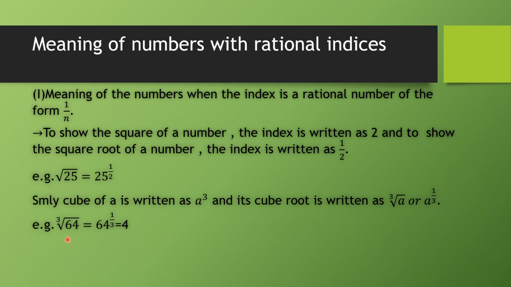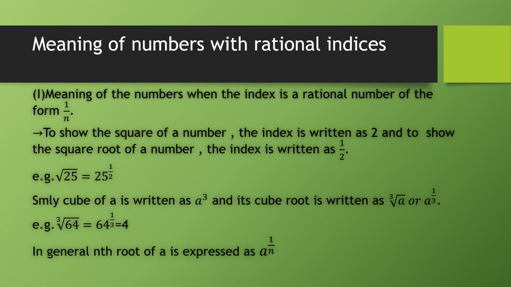Here again example, cube root of 64 is equal to 64 raised to 1 upon 3, which is equal to 4. Then in general, the nth root of a is expressed as a raised to 1 upon n. That is, fifth root of a is expressed as a raised to 1 upon 5, seventh root as 1 upon 7, and so on.